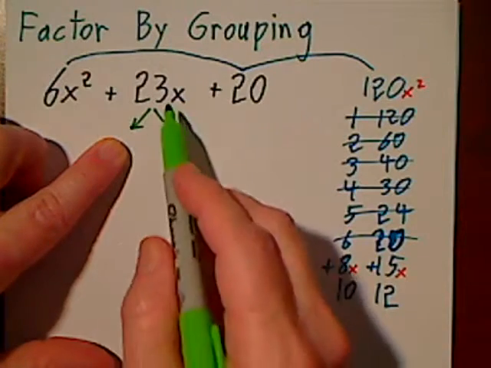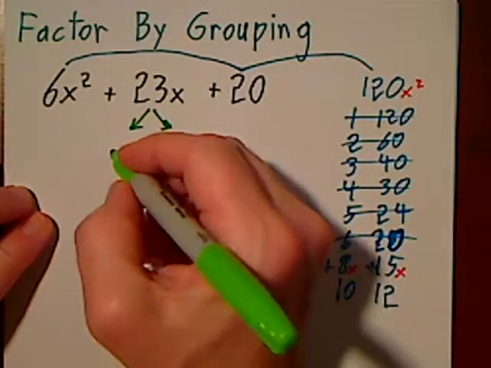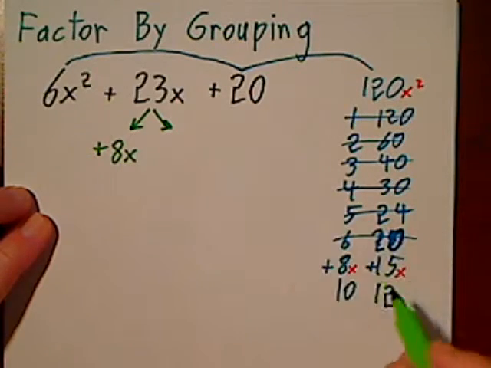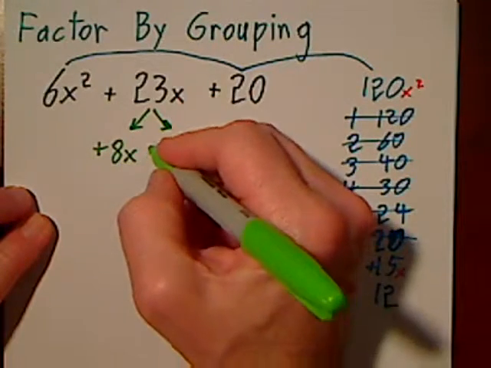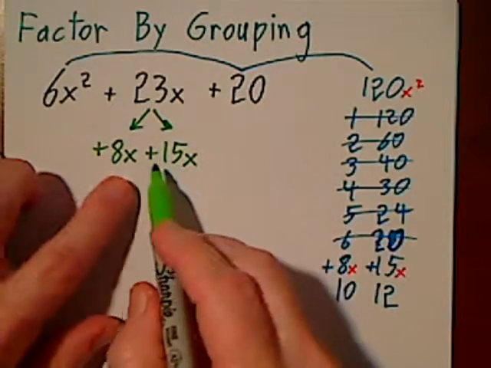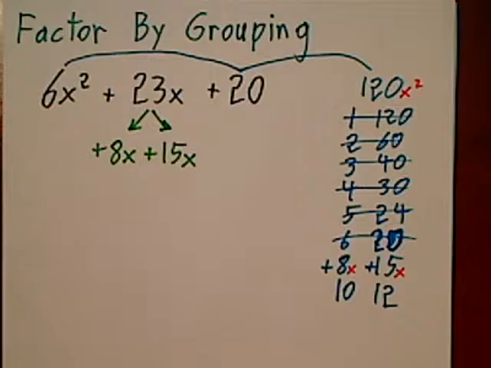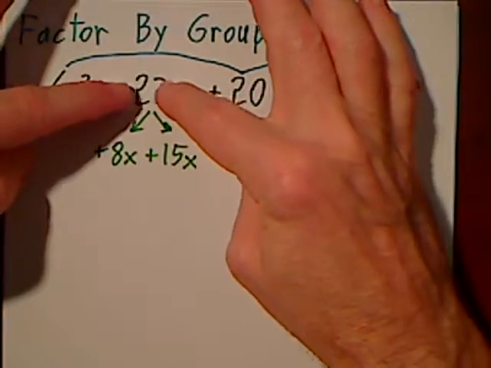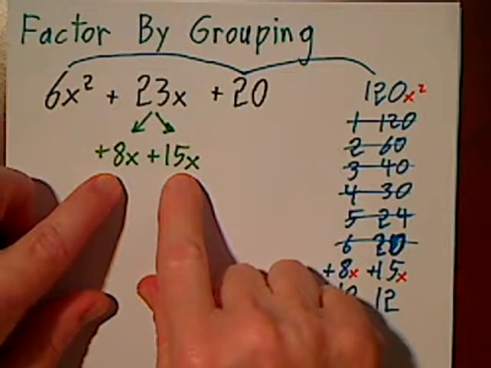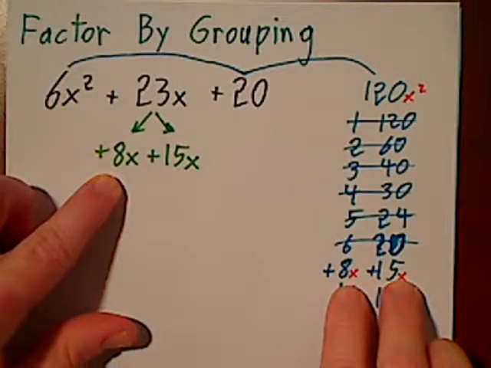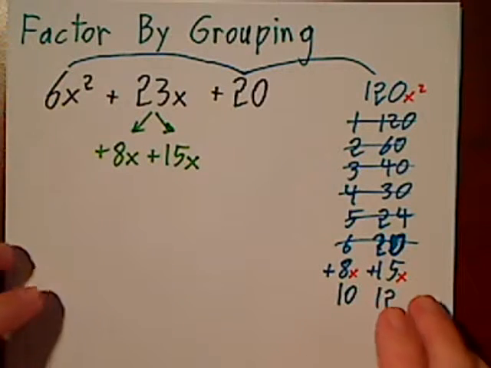So 23x can be written as a positive 8x and a positive 15x. Notice how these two combine to give you 23. This is the idea behind factor by grouping. You take this middle term and you split it into the correct two terms that will sum to give you 23.